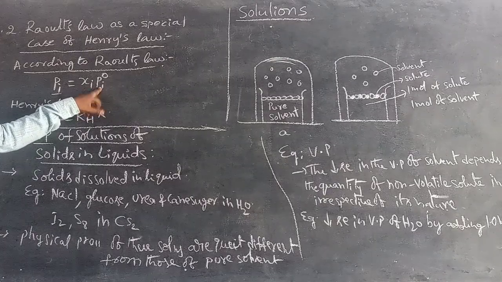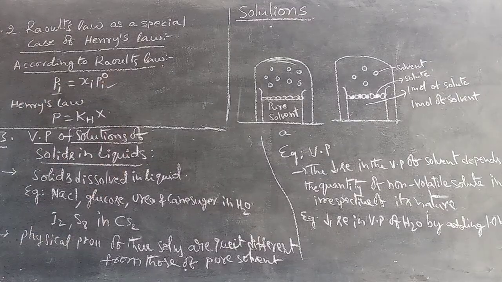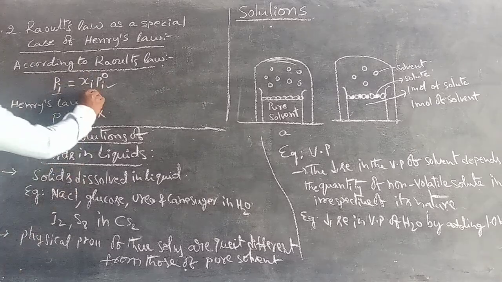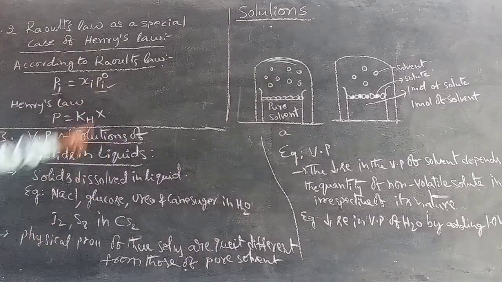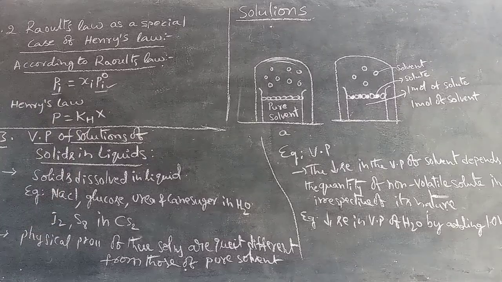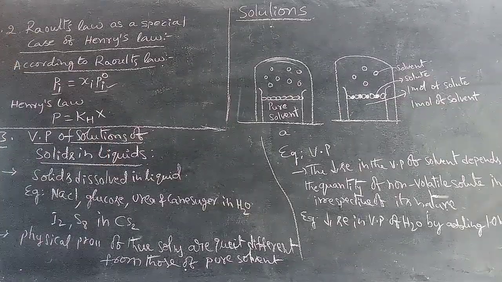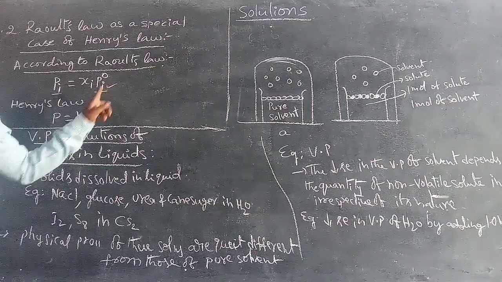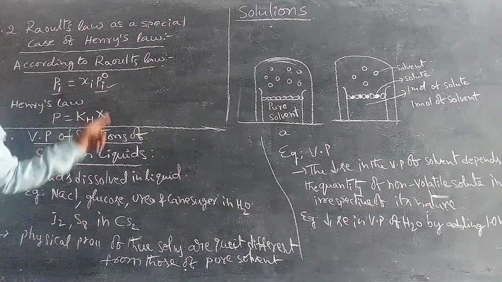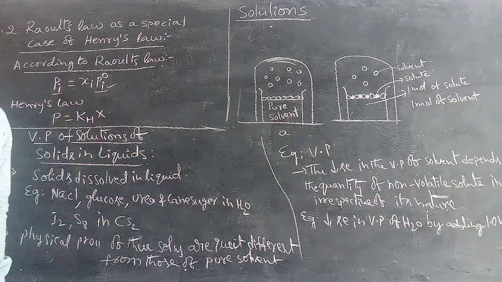According to Raoult's law, Pi naught is the proportionality constant, equal to the vapor pressure of the pure solvent, the vapor pressure of the pure component.